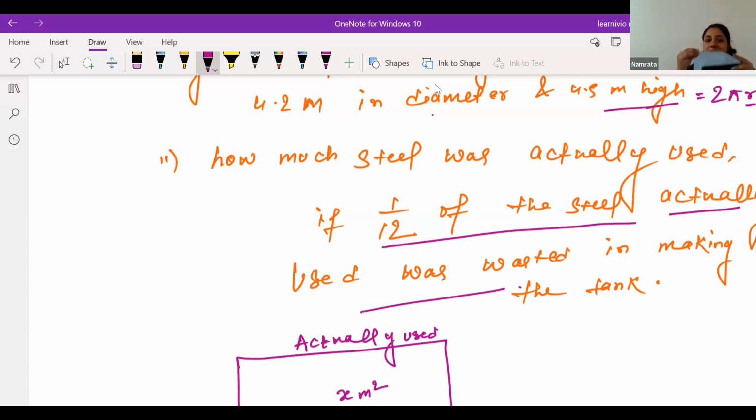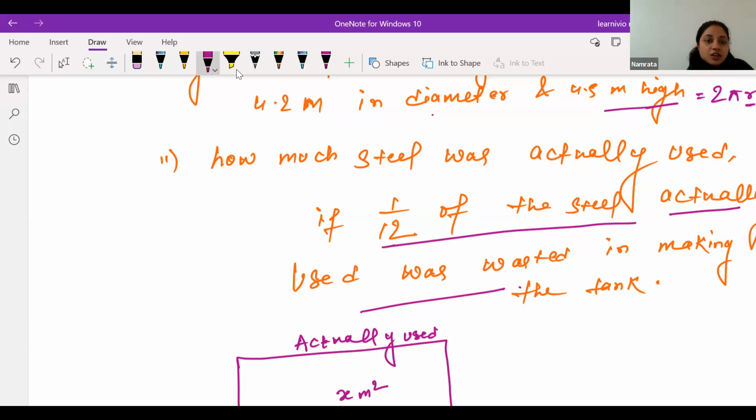So I have bought a steel sheet which I will be wrapping all around it. Now while wrapping, whatever steel sheet area I have bought from the market, let's say that is x meter square. Out of that, 1 by 12 of whatever I have bought, that means x by 12, is getting wasted.